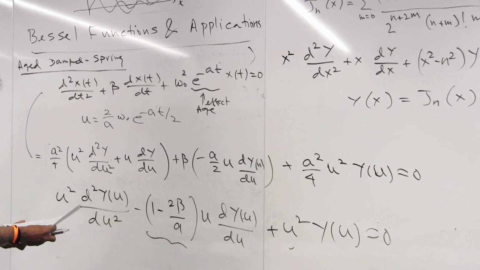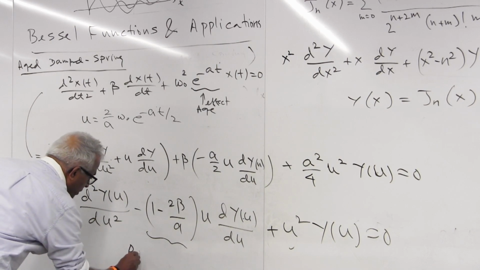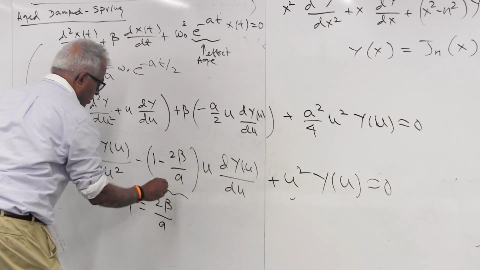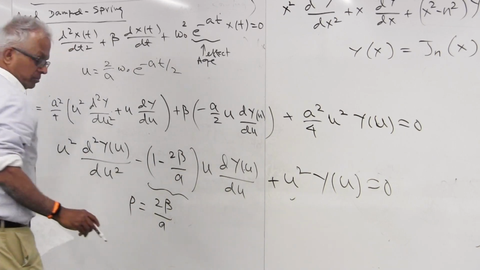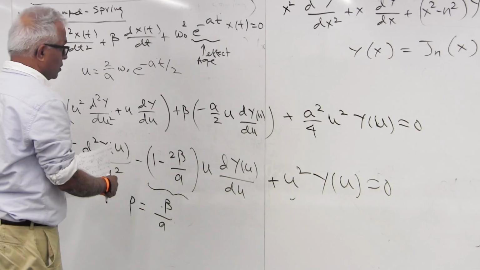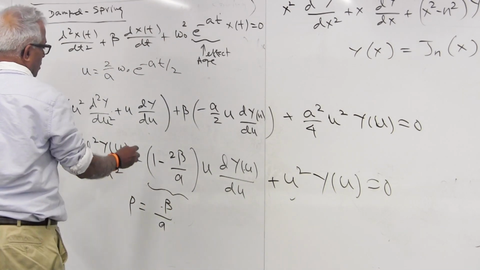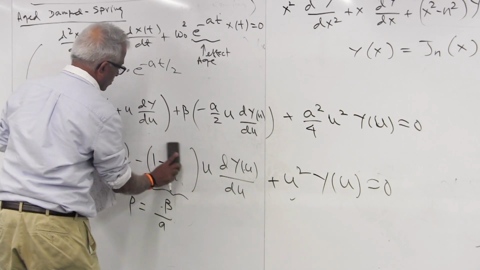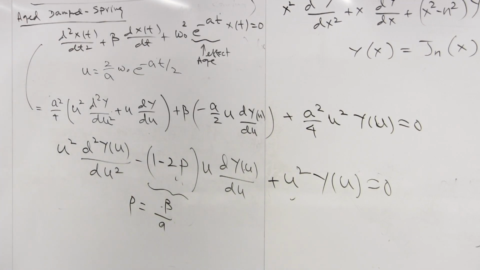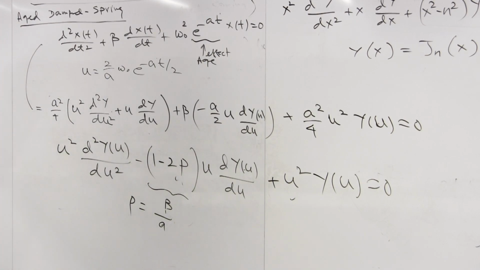Interestingly, somebody has shown that if you define p to be beta over a, which is a positive number, we can write it like this.